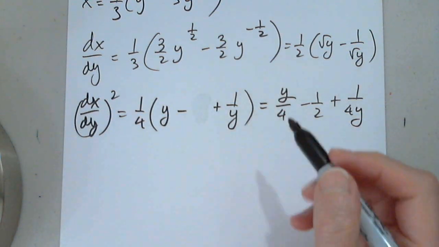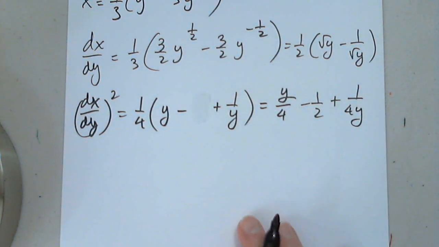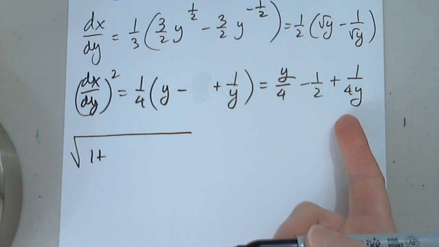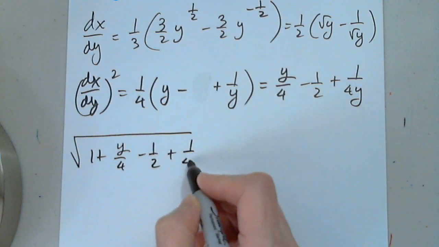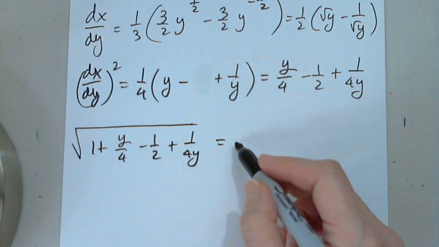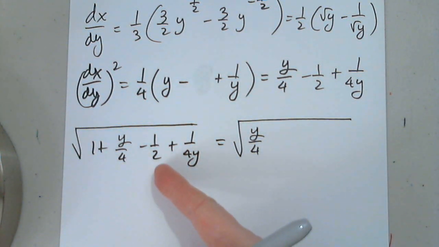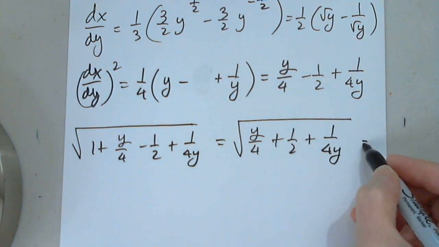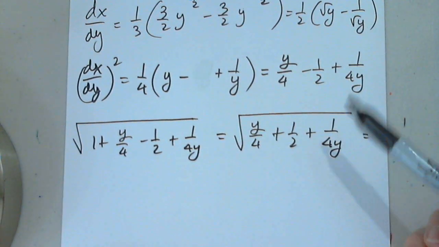So now this is all squared. It was already squared, and this is it. Good. So now we have the square root of 1 plus all this. So y over 4 minus 1/2 plus 1 over 4y. And we notice that this is y over 4, 1 minus 1/2 is positive 1/2 plus 1 over 4y. And this is exactly the same thing we had here, but with positive.